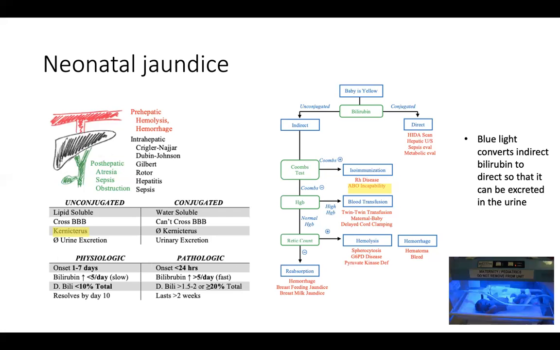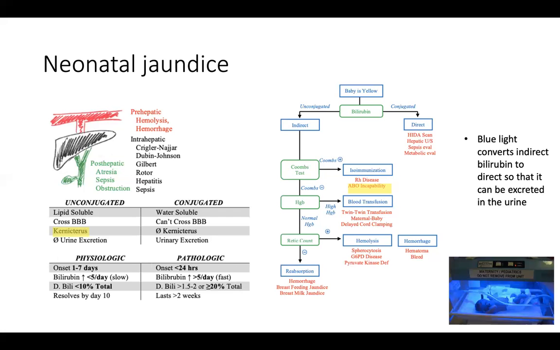So then we think, okay, maybe it's one of those heme blood disorders that we learned about, like spherocytosis, G6PD deficiency, or pyruvate kinase deficiency causing hemolysis. Or maybe there's a hemorrhage causing a bleed. Reticulocytes, just to remember, show red blood cell turnover.